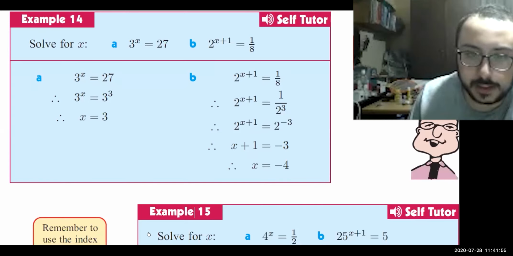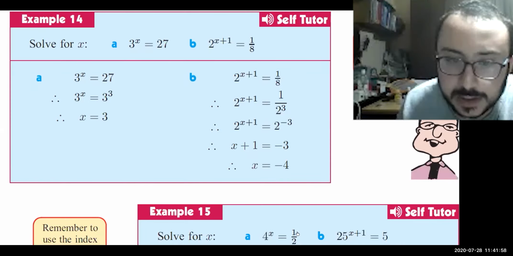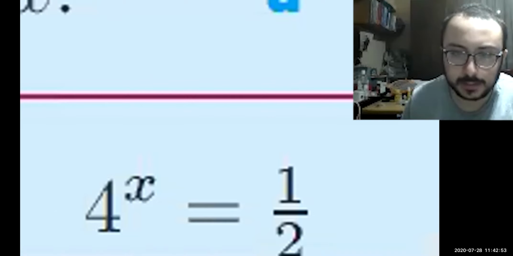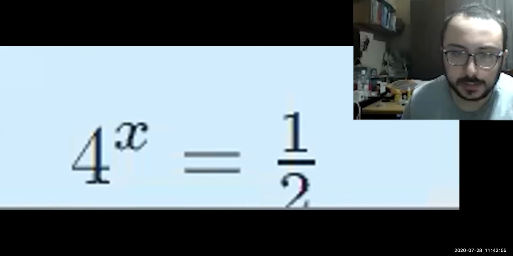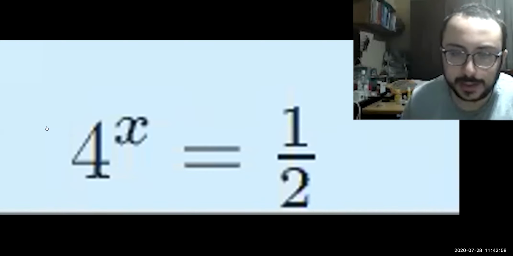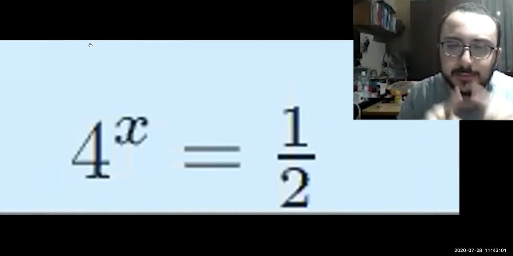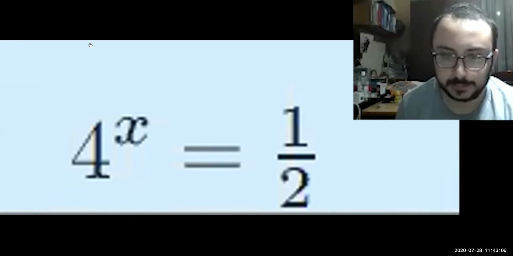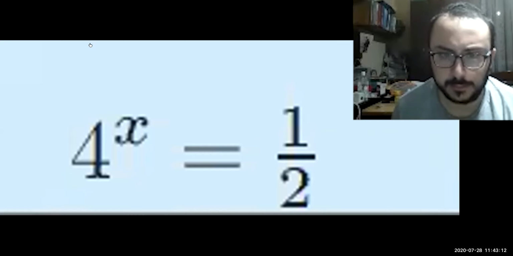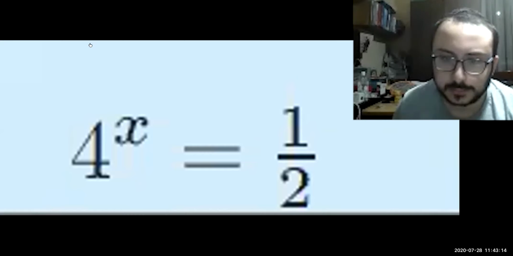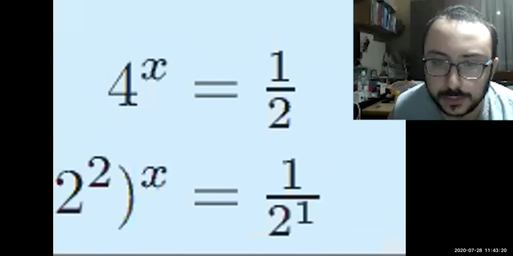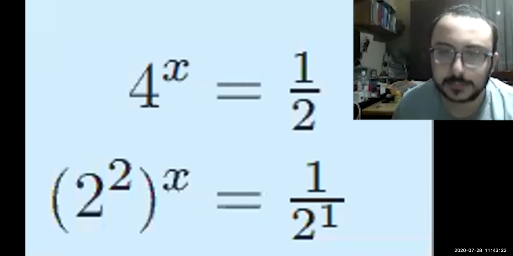So now try to do this one here, 4 power x equals 1 over 2. First, you can replace 4 by 2 power 2. So you will have 2 power 2 in bracket power x.